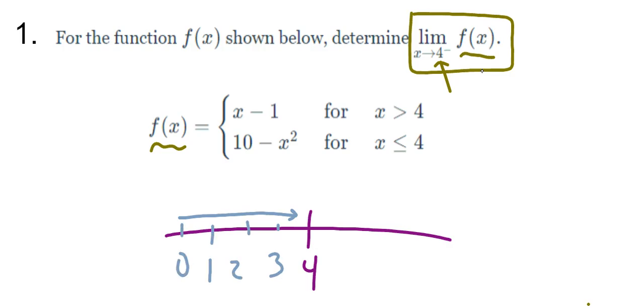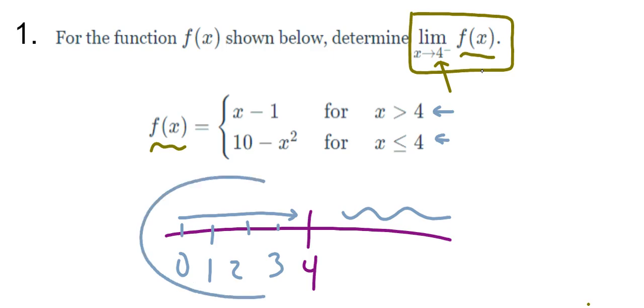And so we have to decide which one of these, this one or this one, is coming from the left. And so this says x is greater than 4, which is this side. And this is x is less than or equal to 4, which is the side that we want, right? So that's the first thing we want to do: decide which rule we are going to use, this rule or this rule.